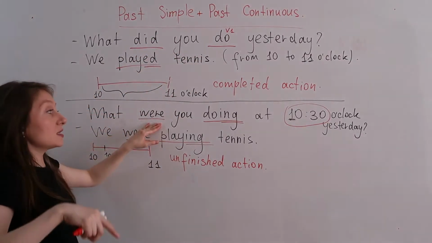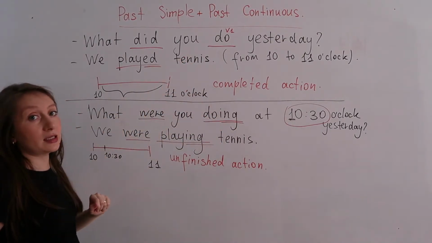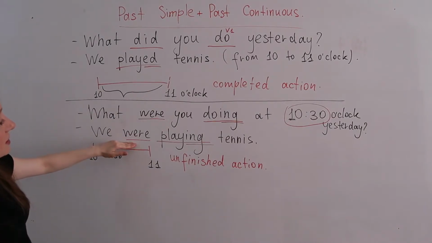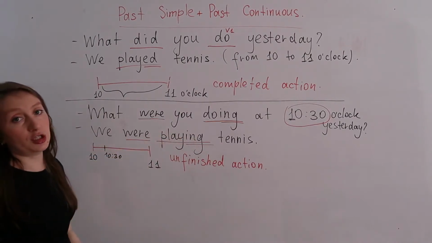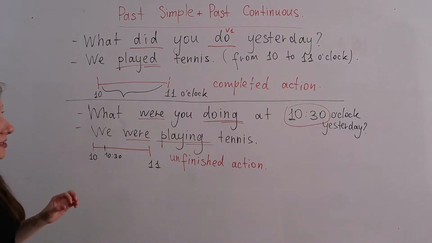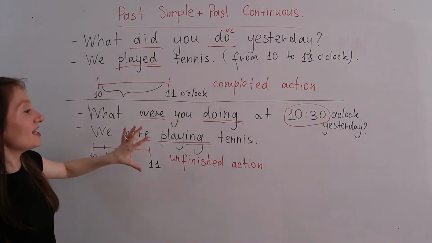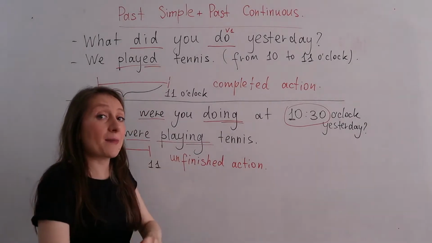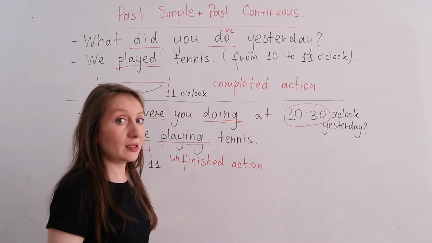Were or was plus verb ing for past continuous. And the next positive sentence, we use the same construction, was, were plus verb ing, right? The difference is, it's just general information, completed action. This is the process with specific time. At this time, I was doing it, all right?